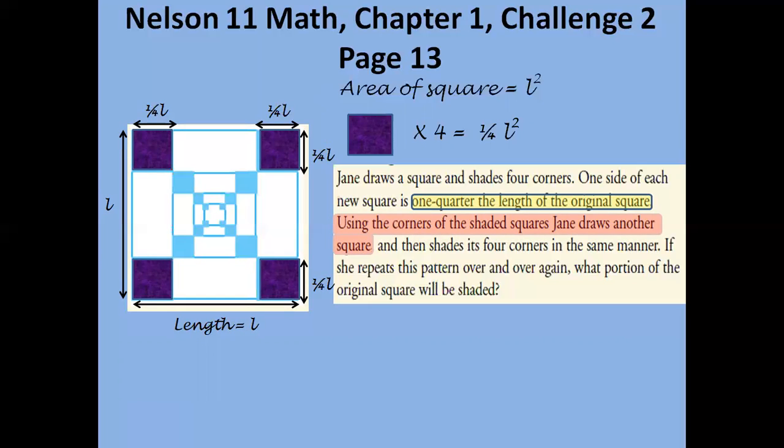So if the shaded portion square's length is 1/4 of L, you can easily see that out of L we took 2 times 1/4 of L. So the remaining portion will be half L. So the length of each side of this new square will be half of L. And again, there are 4 shaded portions in this inner square.